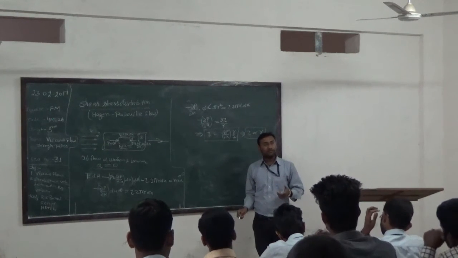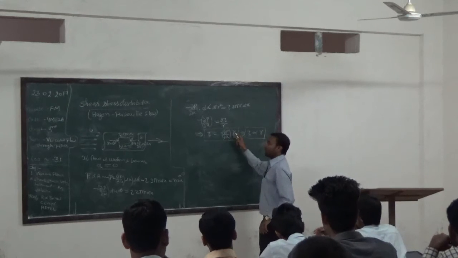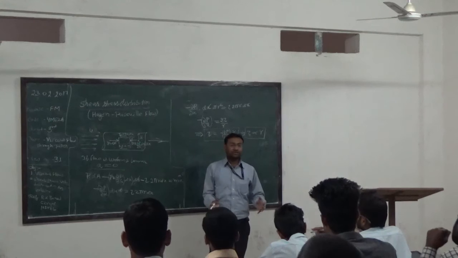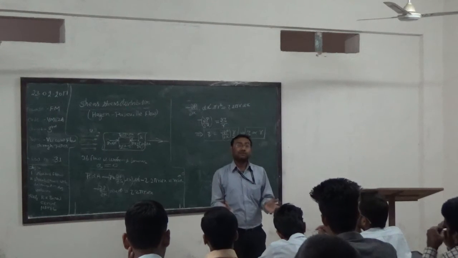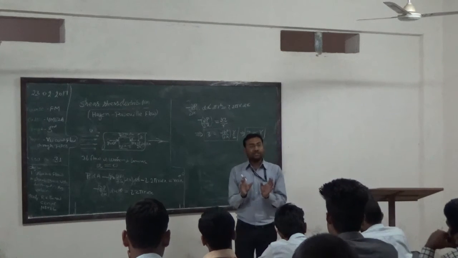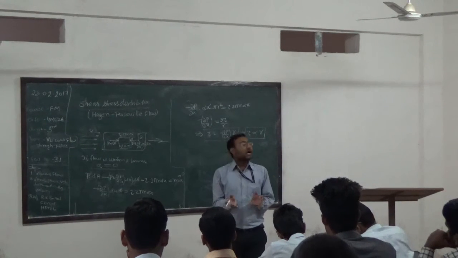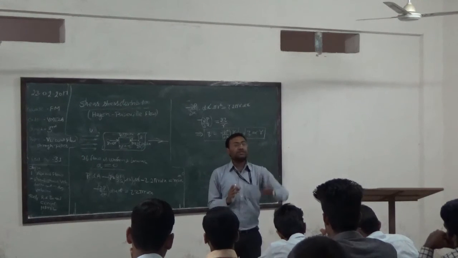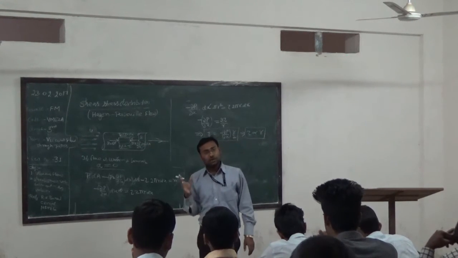And when you put r equal to capital R, the value of shear stress will be maximum. So at the center of the pipe, shear stress is minimum, that is 0, and at the pipe surface, the value of shear stress is maximum.